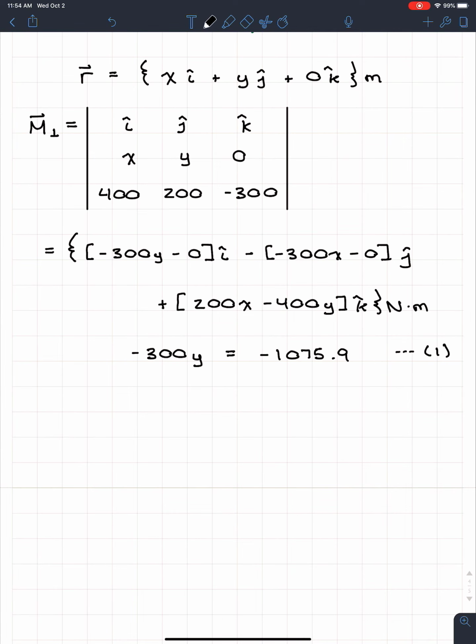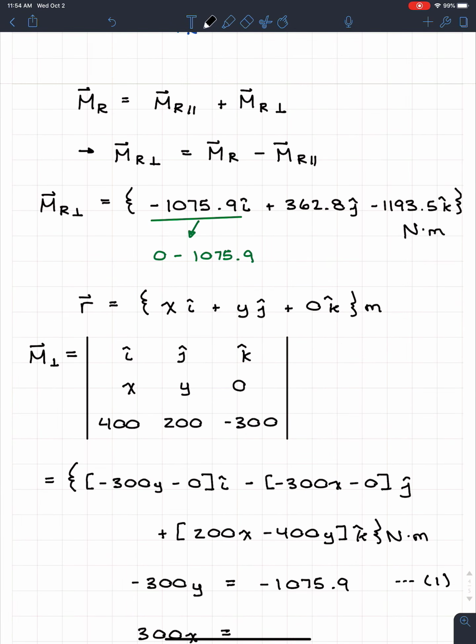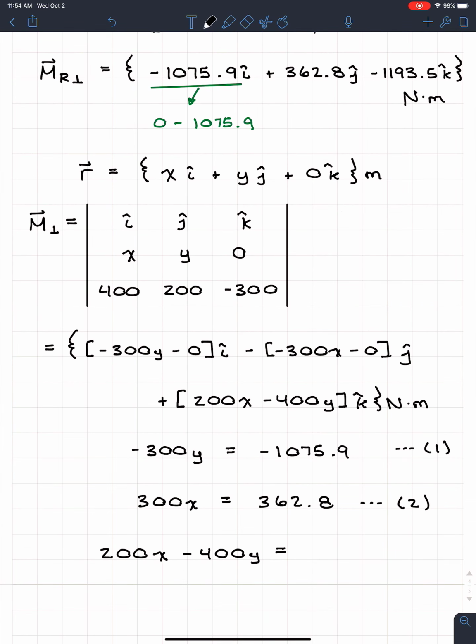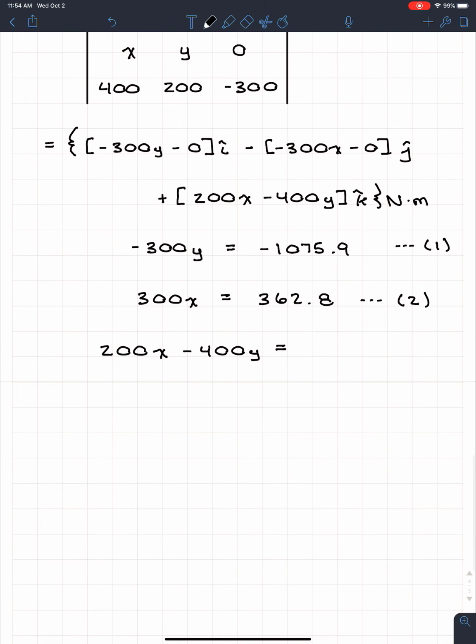For equation 2, the j components, what we get is 300x, and that has to be equal to the second component, which is 362.8. This is equation 2. And finally our last one, 200x minus 400y, is going to be equal to the final component, which is negative 1193.5.